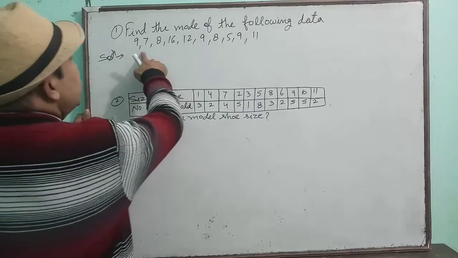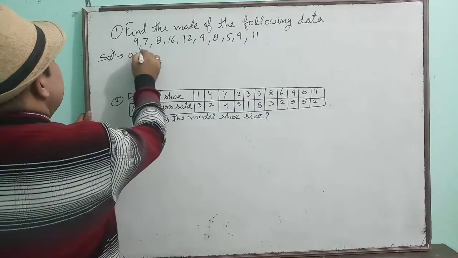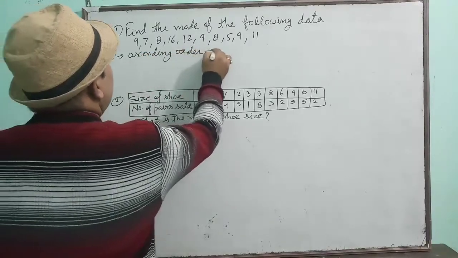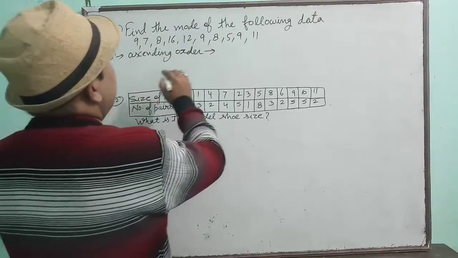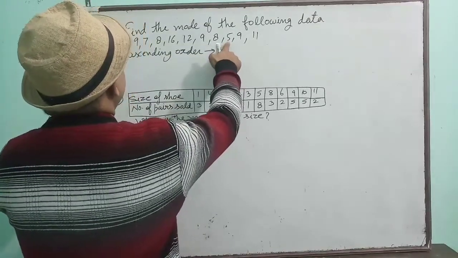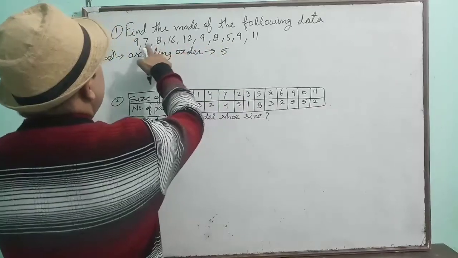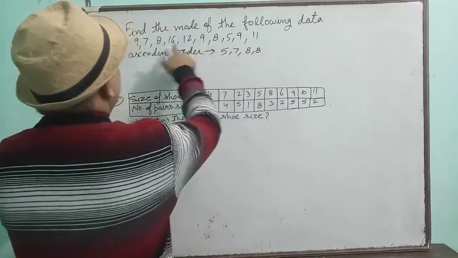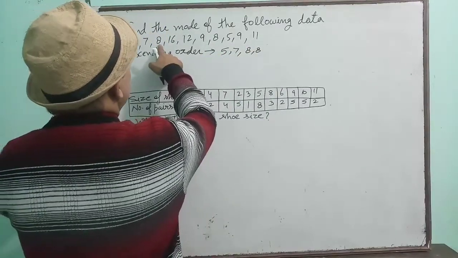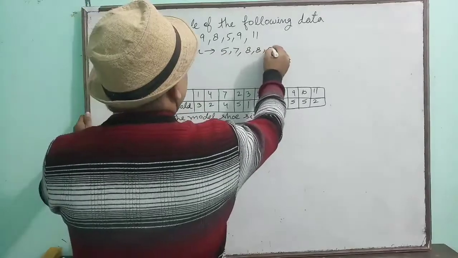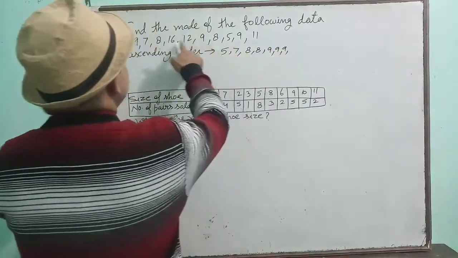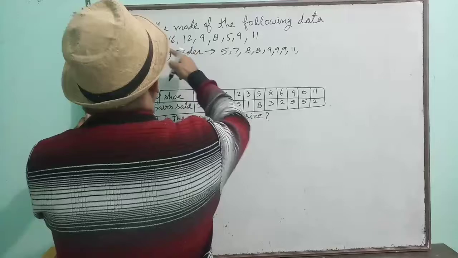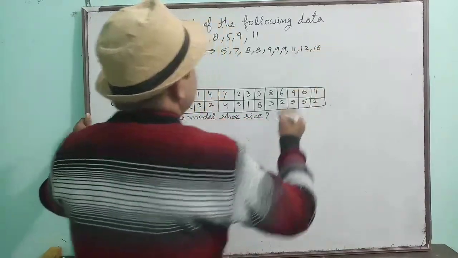See here, first we will arrange these numbers in ascending order. If you arrange them in ascending order, first there is 5, after that 7, 8, again 8, 2 times 8 is there, after that 9, 3 times, after 9 there is 11, and then 12 and 16.